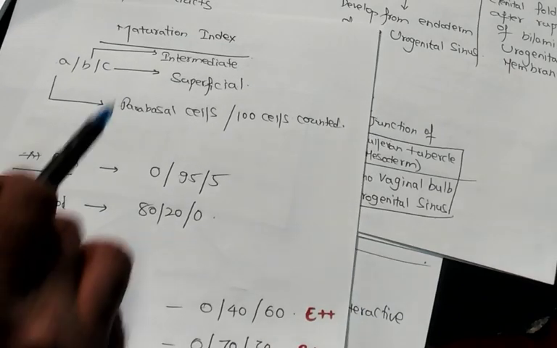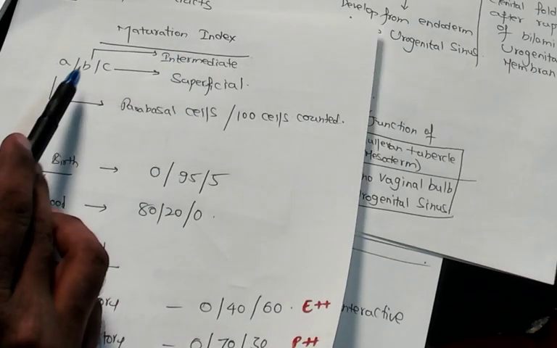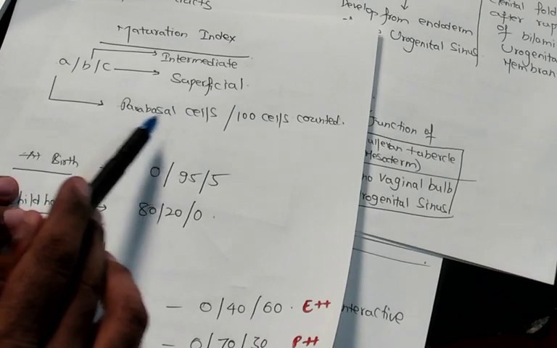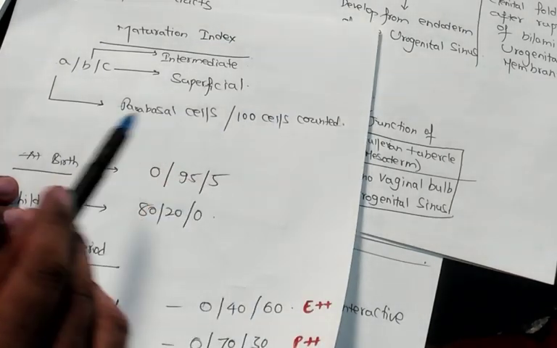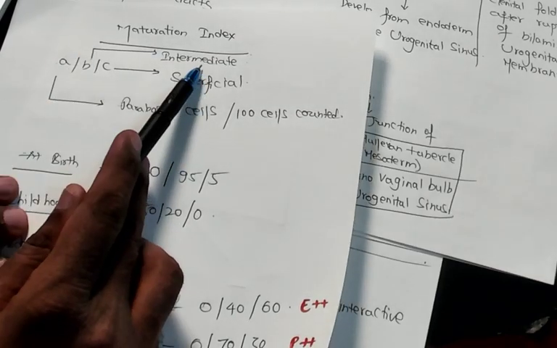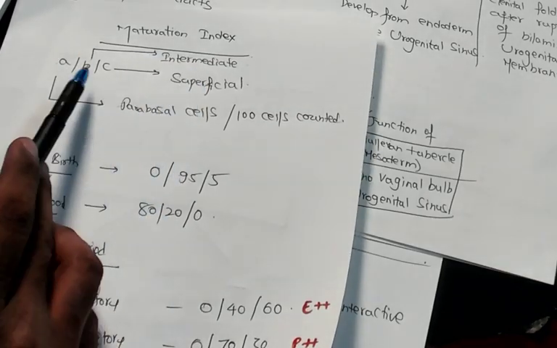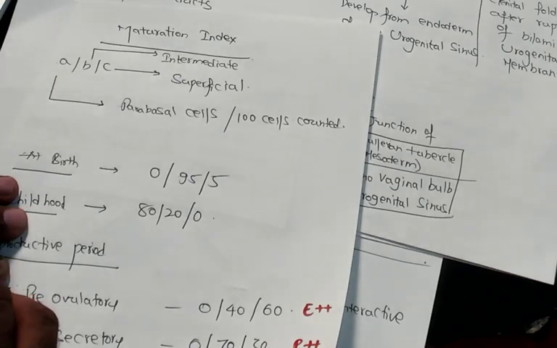Now, what is meant by maturation index? A, B, C. A means parabasal cells for 100 cells counted. B is intermediate cells. C are superficial cells.